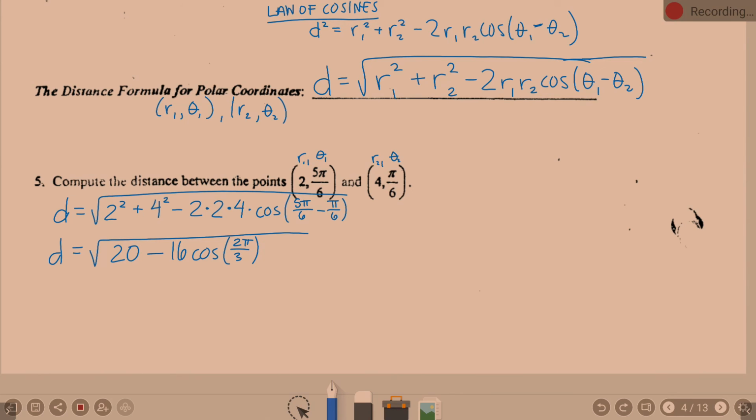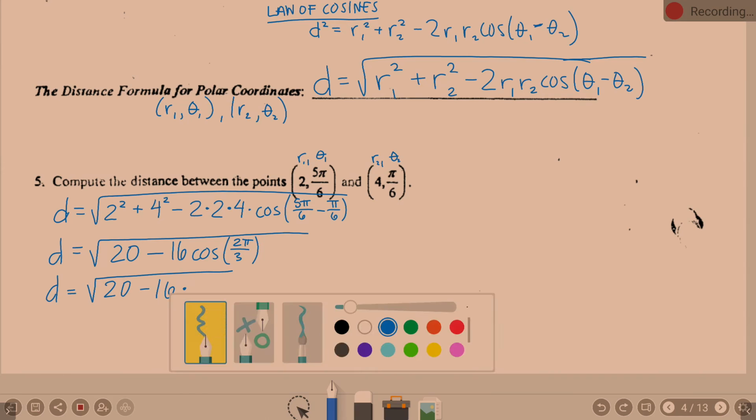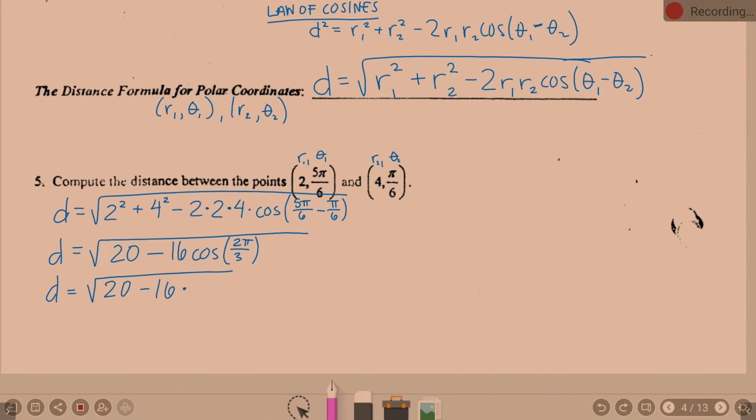Now, it depends on the angle. This is one we can do. We don't have to go to the calculator at this point, because we know cosine of 2 pi over 3 if we put our brains to it. So we have 20 minus 16 times. Okay, so cosine of 2 pi over 3 says, I want to know what the cosine of pi over 3 is, but in what quadrant?